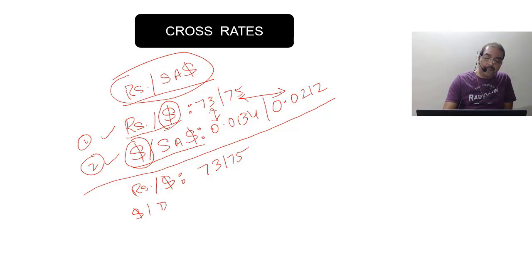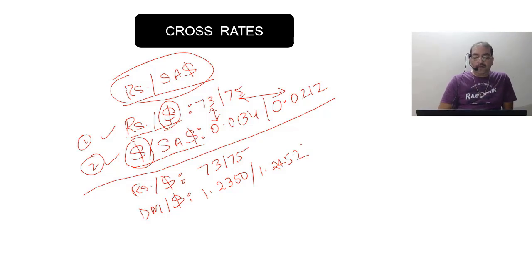Oh, sorry, Deutschmark to dollar is 1.2350 by 1.2452. Now I want to calculate rupees to Deutschmark.